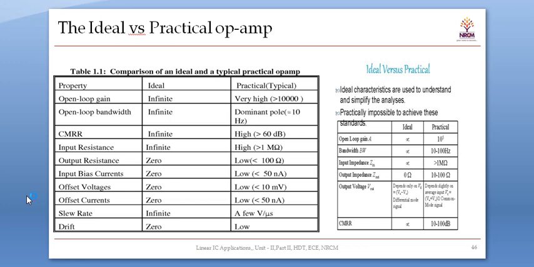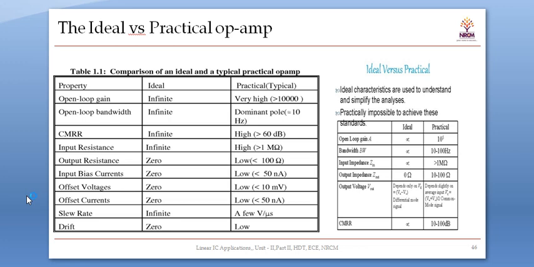Open loop bandwidth is also infinite. If the bandwidth is infinite, it can amplify signals from zero frequency to infinite frequency. So that's why the bandwidth must be infinite.